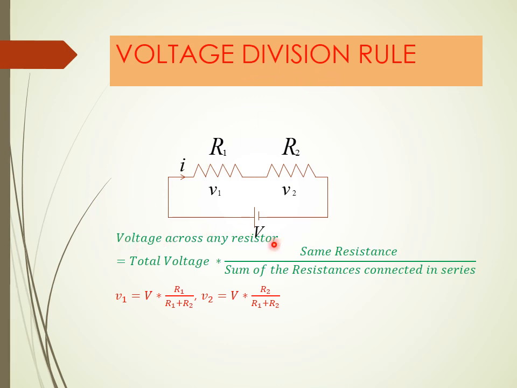Voltage across any resistor is equal to total voltage, that is the supply voltage V, into the corresponding resistance value divided by the sum of the resistances connected in series. So V1 equals total voltage V into the resistance R1 divided by R1 plus R2. V2 equals total voltage V into R2 divided by R1 plus R2.